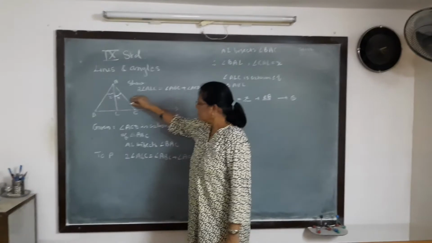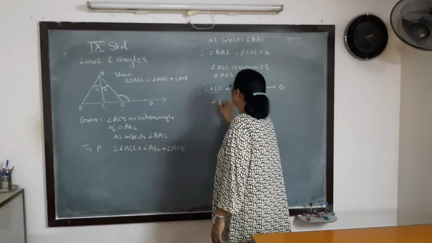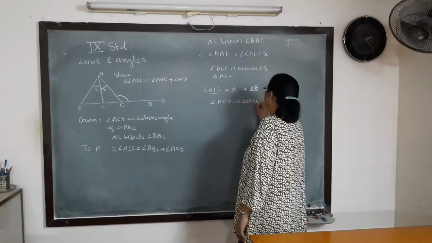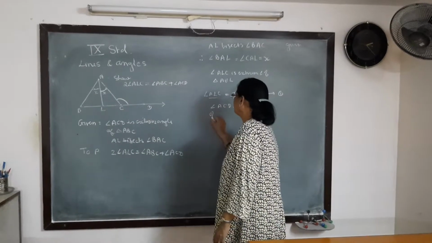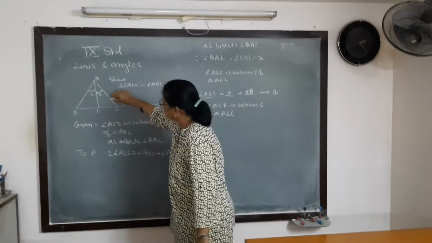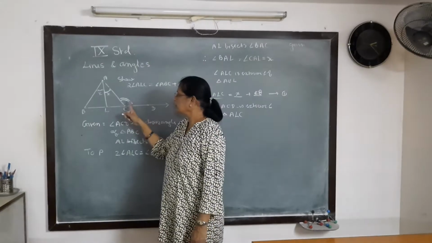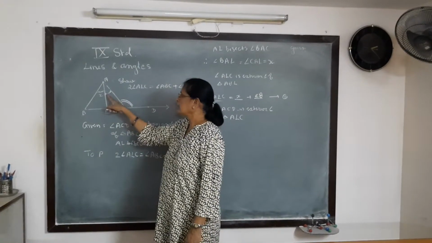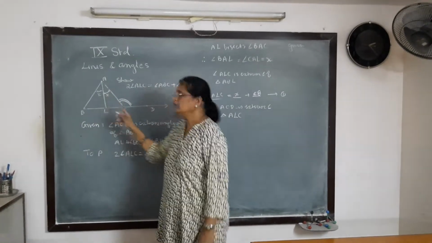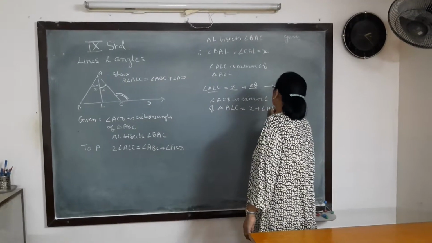So angle ACD is exterior angle of triangle ALC. Its remote interior angles are x and ALC. So angle ACD is equal to x plus angle ALC.